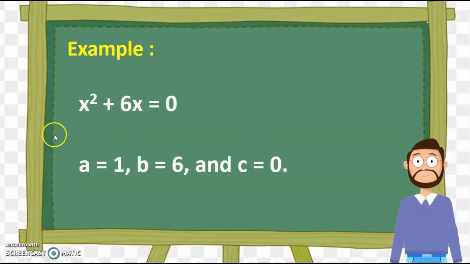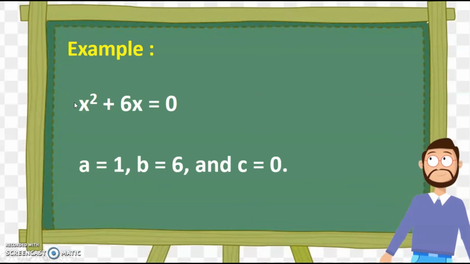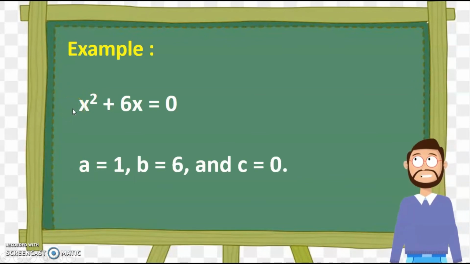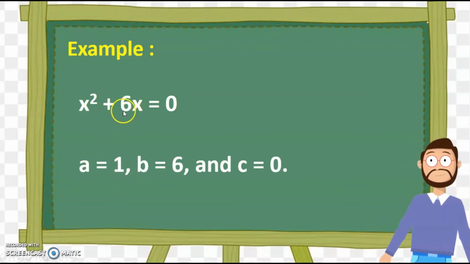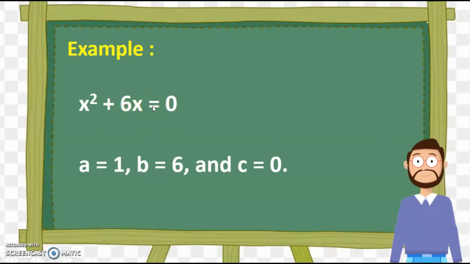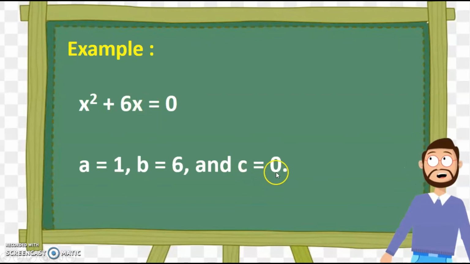So, we have here the value of your a is equal to 1. Since there is no visible coefficient here, it is understood that the value of your a is equal to 1. Your b is equal to 6, that is beside x. And again, since you don't have a constant term, the value of your c is equal to 0.